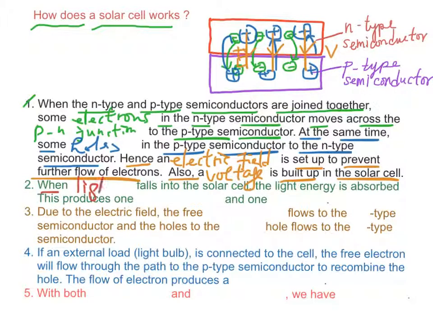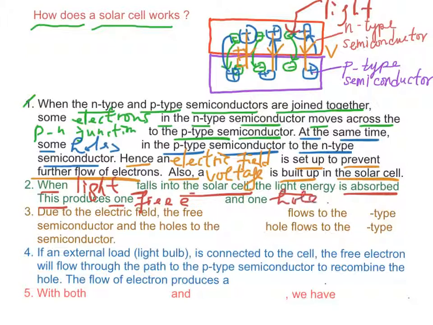When light falls onto the solar cell, the light energy is absorbed by the cell. This produces one free electron and one hole.